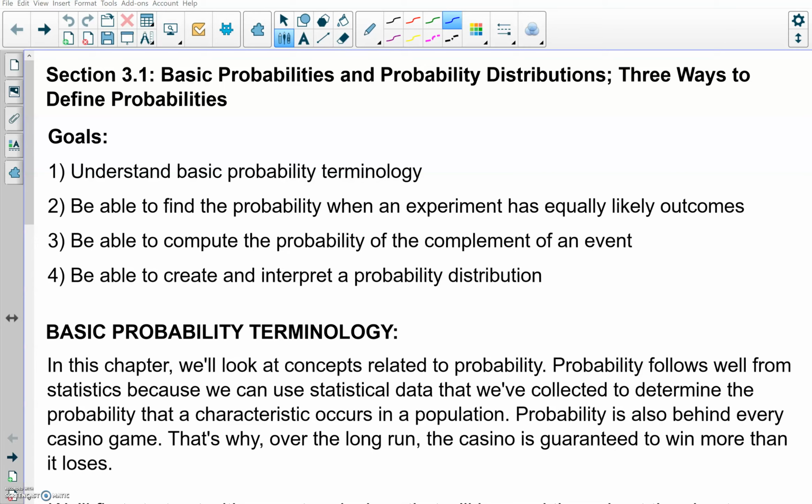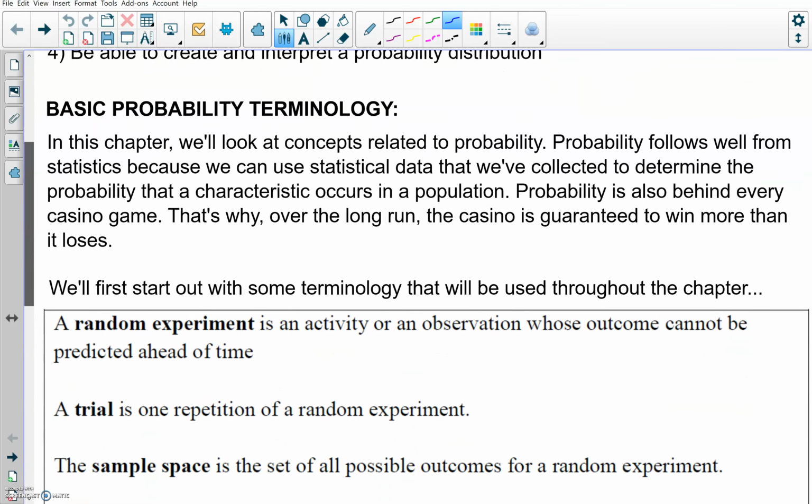So insurance, pension plans, and casinos, just right there, probabilities in your life. If you go to a casino, insurance for sure, I imagine. But that's why we covered this in this class, to give you hopefully a little bit of insight into that world. So basic terminology, let's go ahead and take a look at this for a little bit.